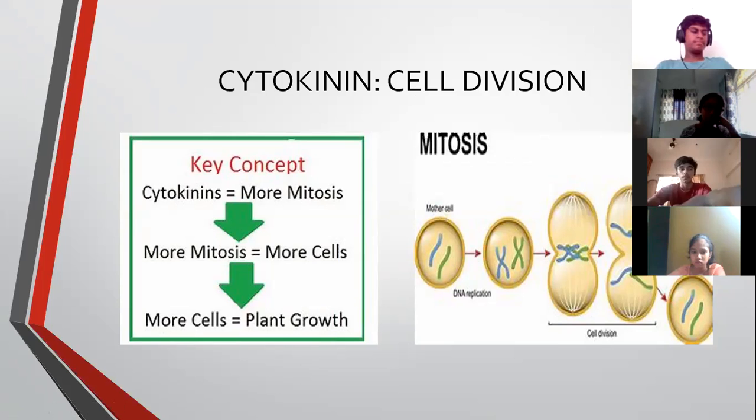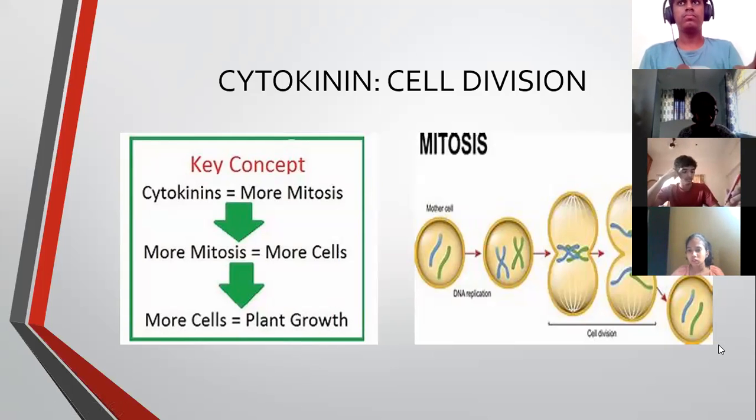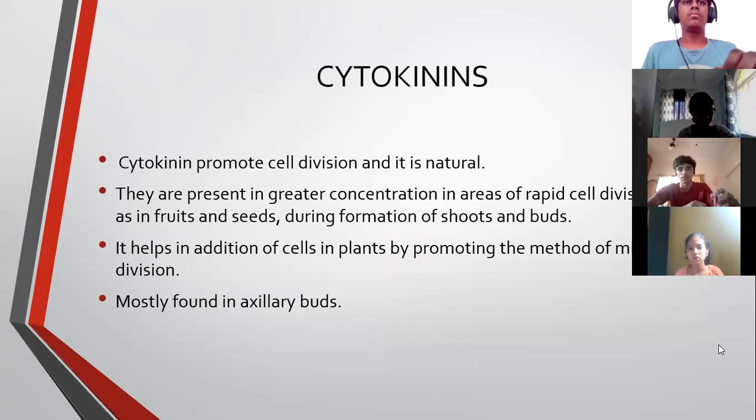More cytokinin, more will be the number of cells. Now, is it clear to all of you, the cytokinin part? Yes, ma'am. My question goes to Karun. Karun, which are the parts where cytokinin is present?